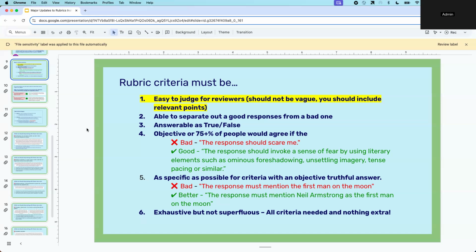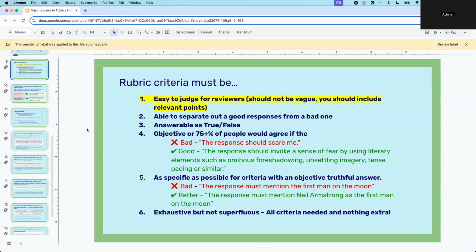This means that any sort of criteria that does not actually help you understand whether a response is good or bad, like a criteria such as the response must include a header that has exactly 10 letters.